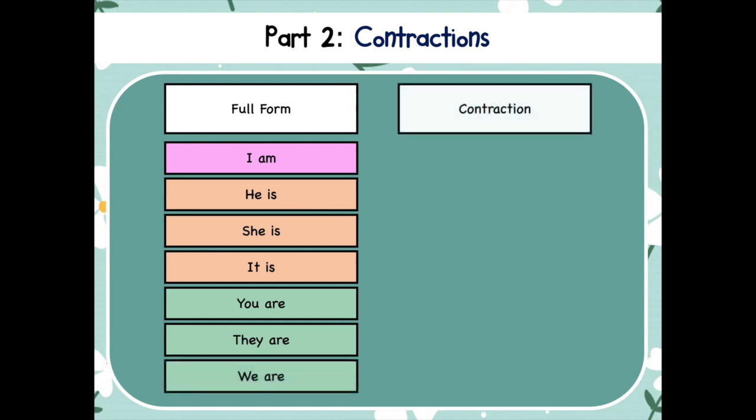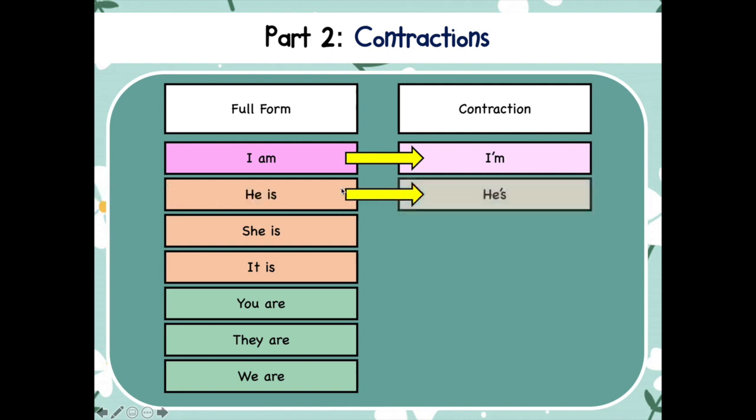So the contraction of I am will become I'm. You just write an apostrophe and am after the subject pronoun I. Next is the contraction for he is.